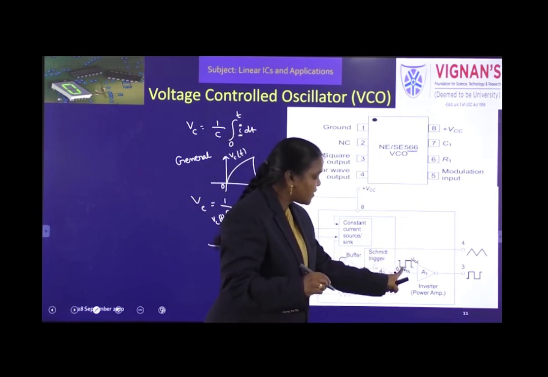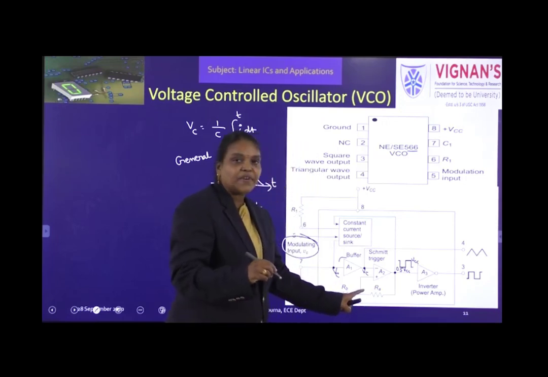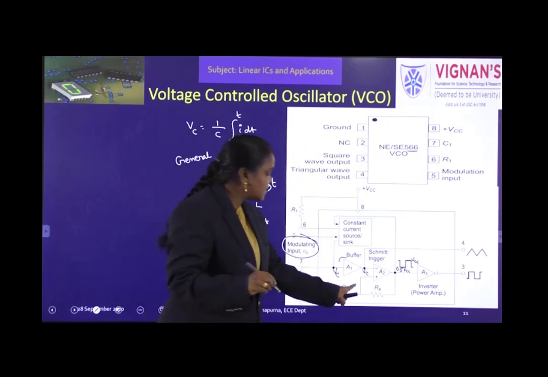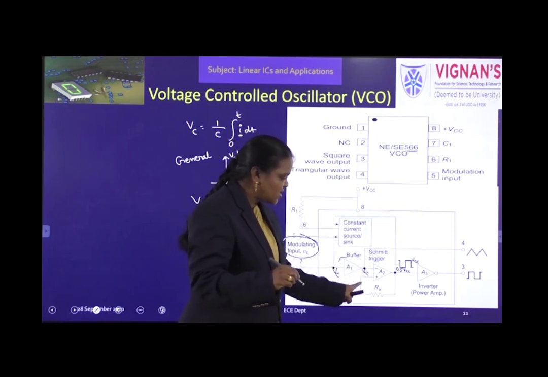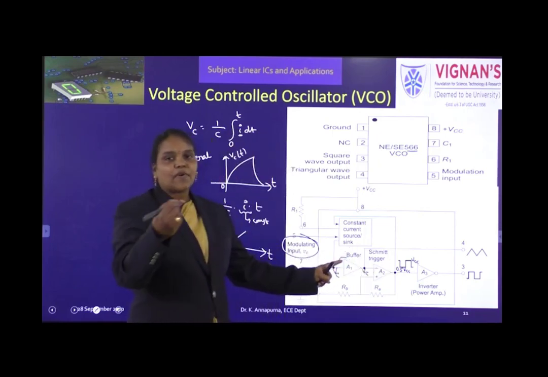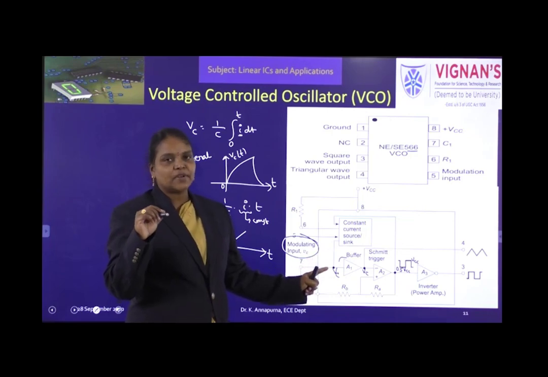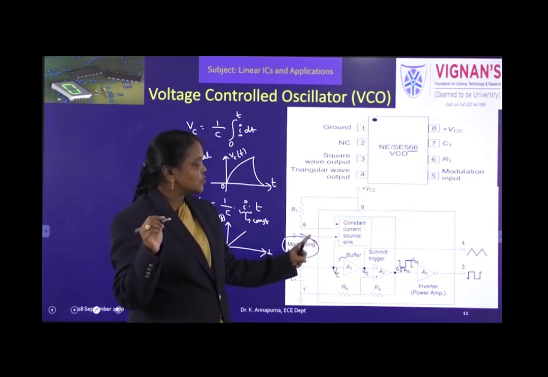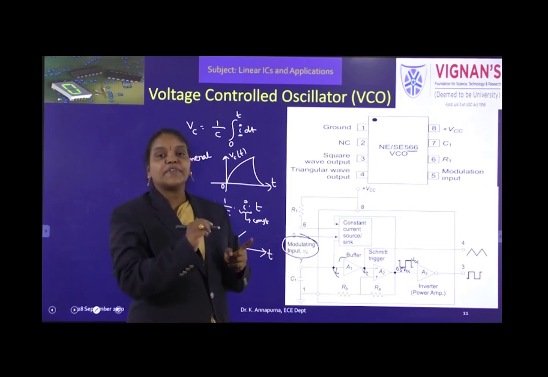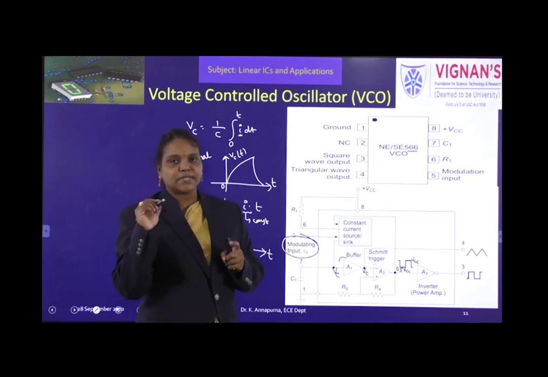When output is 0.5 VCC, it is 0.25 VCC. This is the target for the capacitor. When the capacitor voltage reaches this, the state of the output of the Schmitt trigger will be changed. That is, the capacitor voltage is changing between 0.25 VCC and 0.5 VCC.